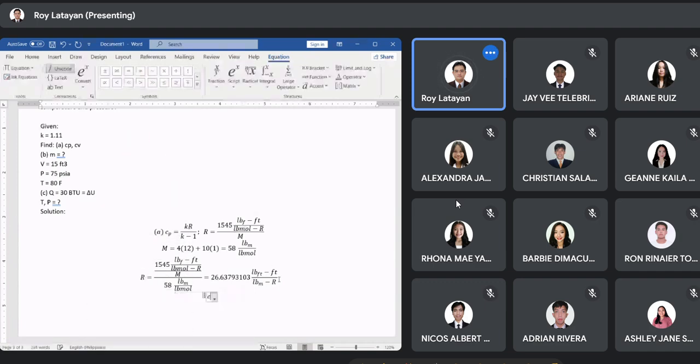Okay. So for CP, we simply substitute our given: 1.11 times our R, divided by 1.11 minus 1. Let's say the unknown we're looking for is in BTU per pound Rankine.